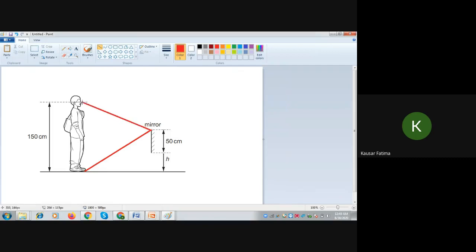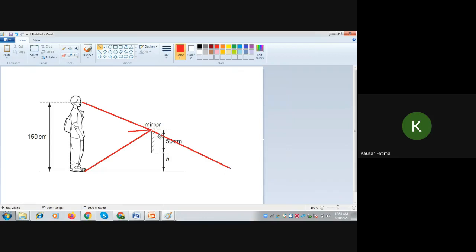My measurements are rough, but the laws are to be obeyed. This is the normal here, and if I produce this back, the person can see his shoes in the mirror. So you have to see the upper part.